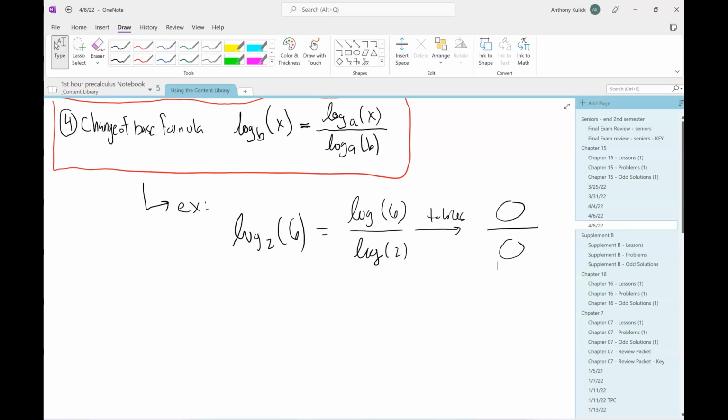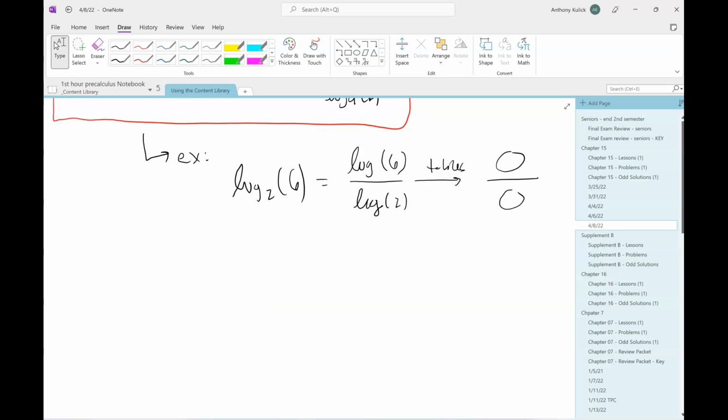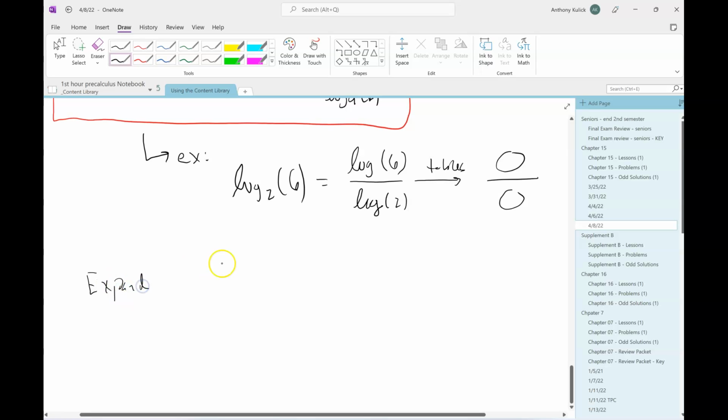Okay. So there's 2 types of problems that we're going to be looking to do. There's going to be expand and compress, or sometimes condense would be the verb that we would use here.